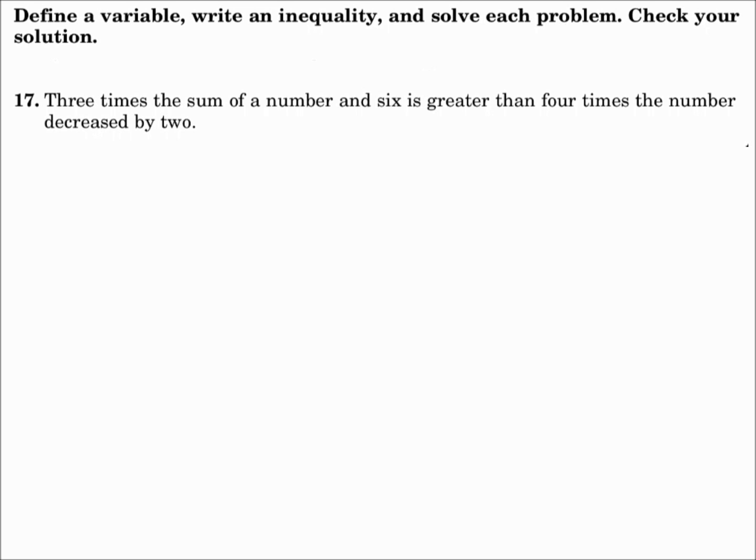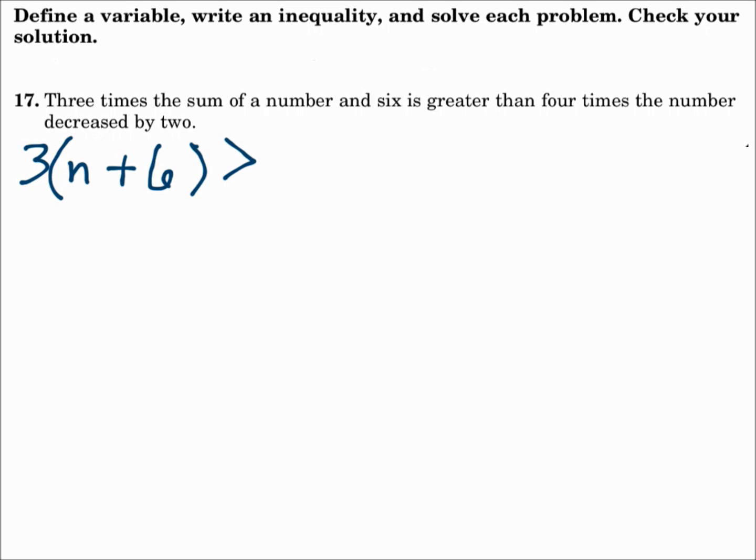So, 3 times the sum, so I'll be adding some things together. What am I adding together? A number and 6. So n and 6. 3 times that sum. So the n plus 6 goes in parentheses there.